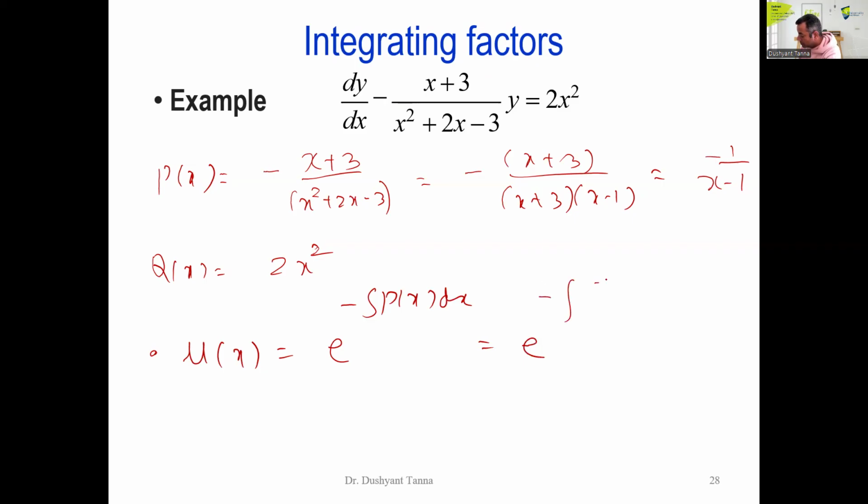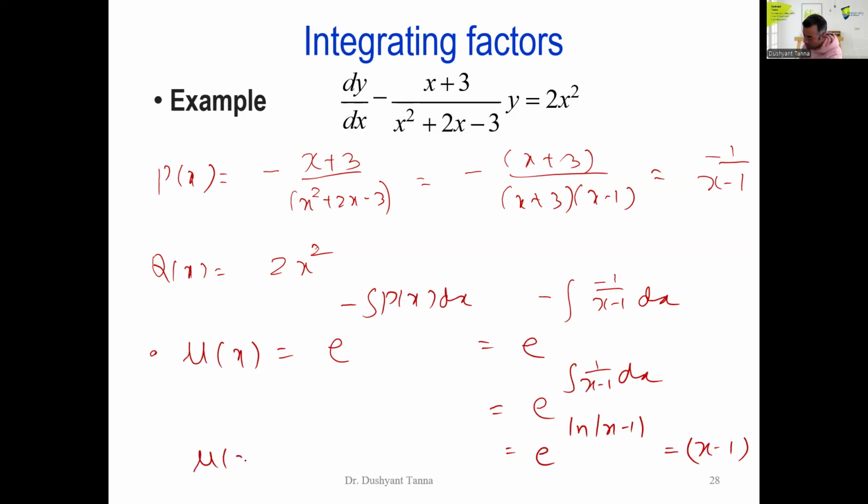Good. Minus and minus will be gone. 1 over x minus 1 dx, e power ln x minus 1, and that is simply x minus 1. So my mu x is x minus 1.